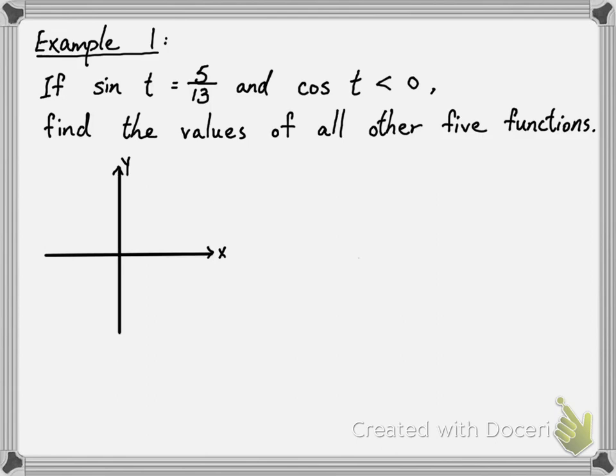Given that sine t equals positive 5/13 and cosine t is less than 0, in which quadrant should we draw angle t? Feel free to pause the video so that you can give it a try.